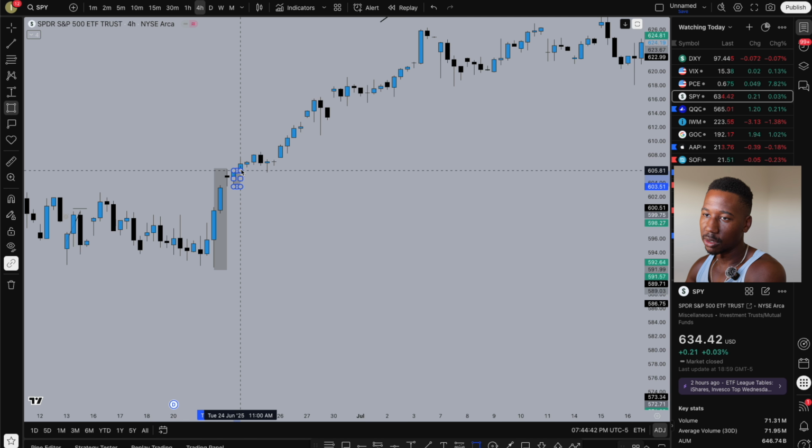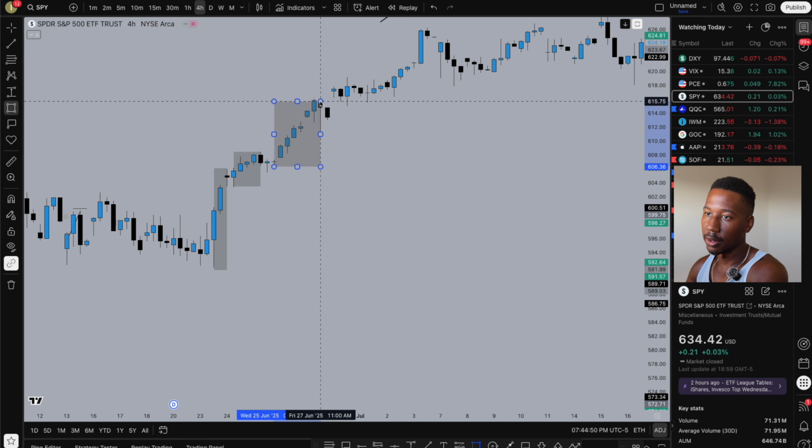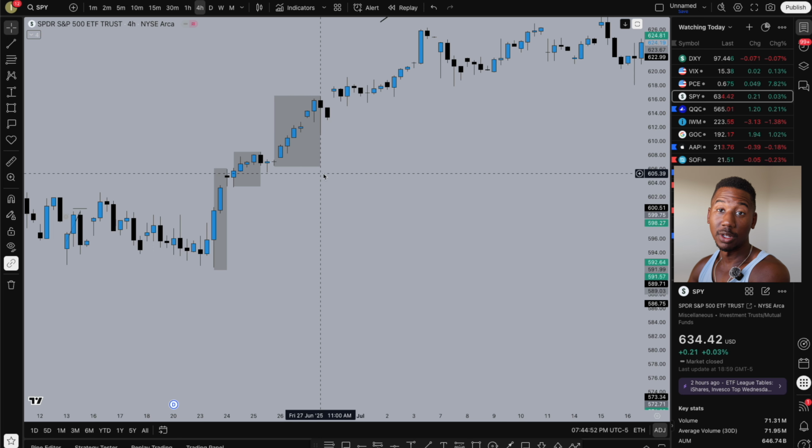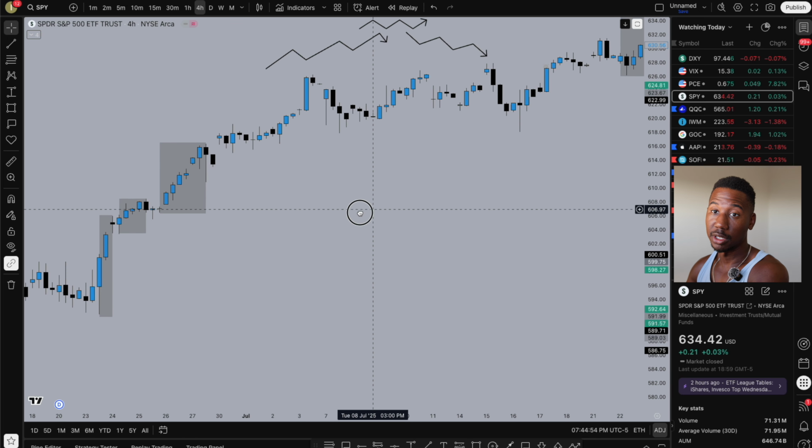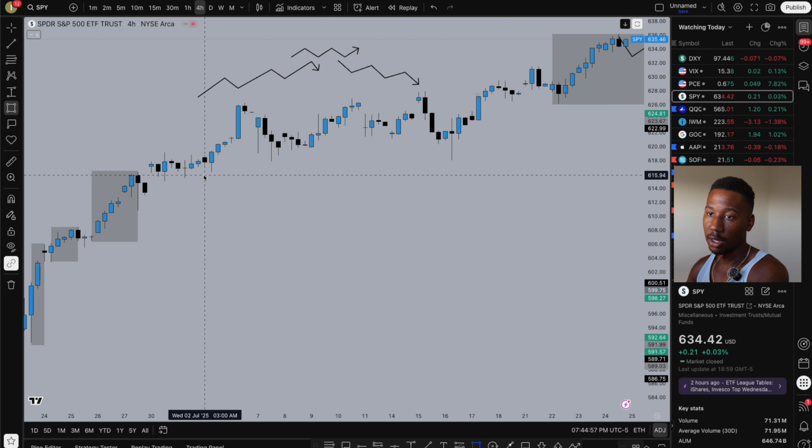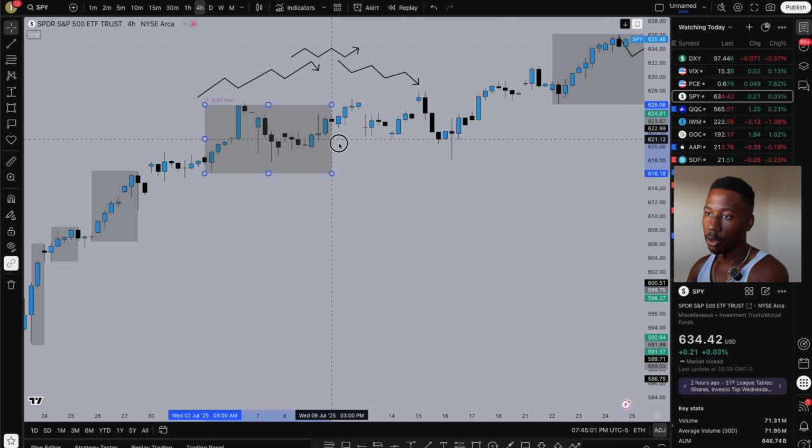This one's a little bit weaker, so I didn't think too much of it, but that's another range. Going on from there, we can call this right here another range. And we really just kept pushing the range. This right here was the previous range before we broke out.